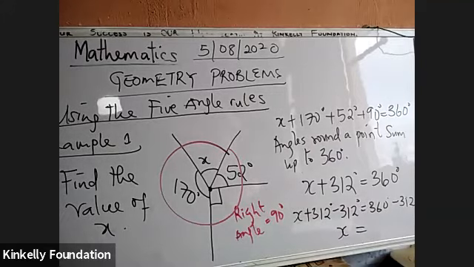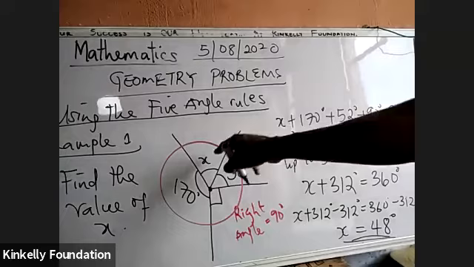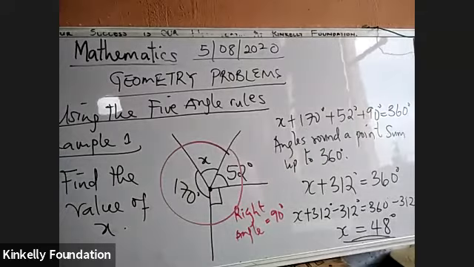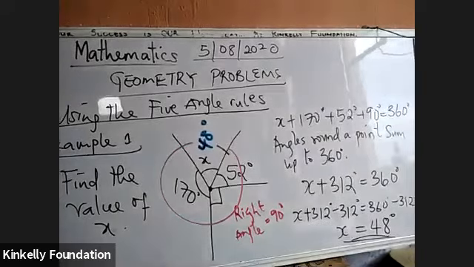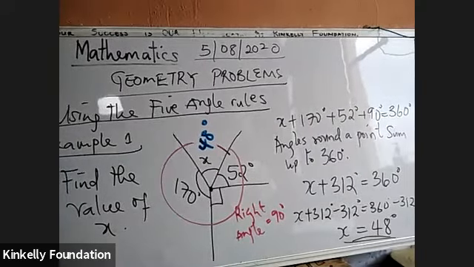And 360 minus 312 will give us 48 degrees. So we have been able to find our answer. The x we are looking for is equal to 48 degrees. So that is the value of x.